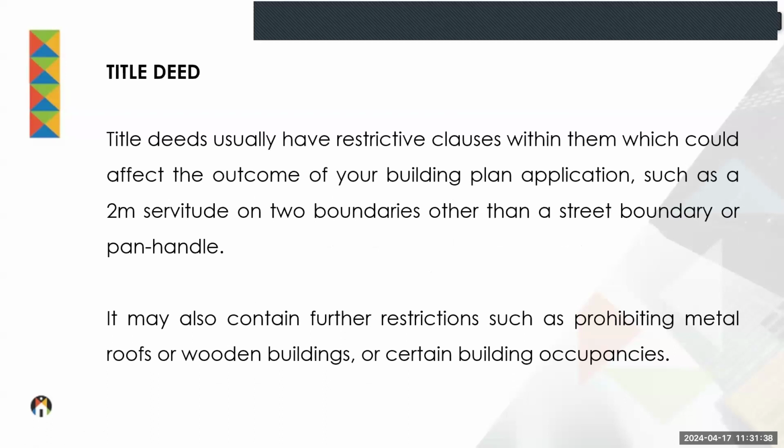It's restrictive conditions, and that will override any other town planning requirements if the town planning requirements are lesser than what is in the title deed. It also may contain further restrictions such as prohibiting metal roofs or wooden buildings or certain building occupancies on that property.